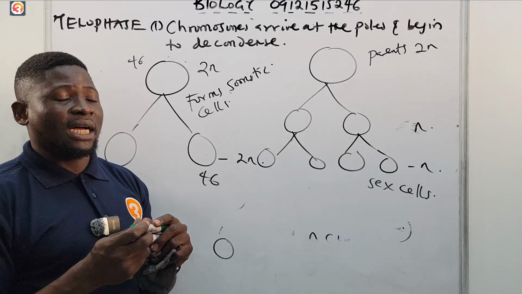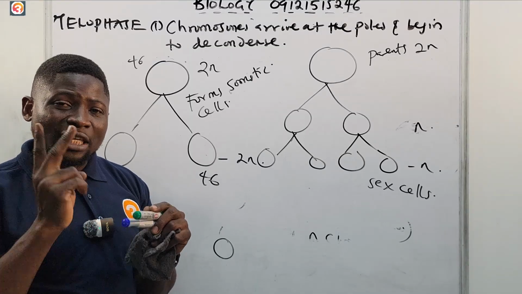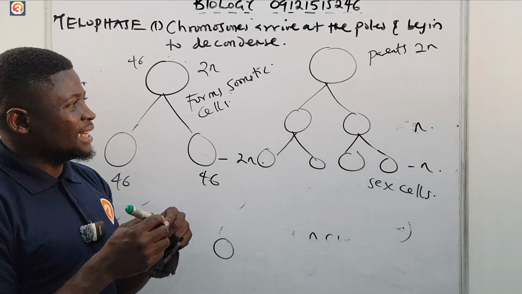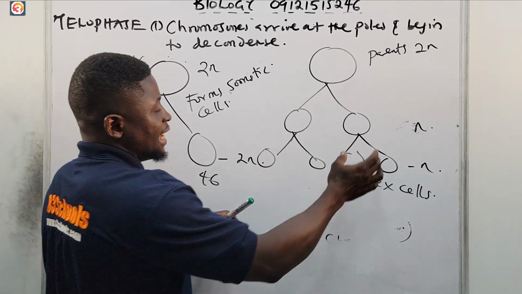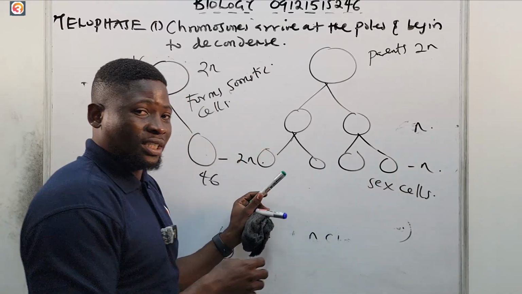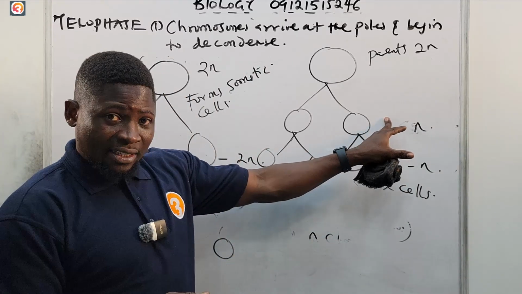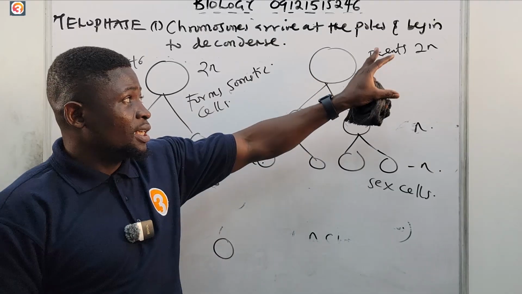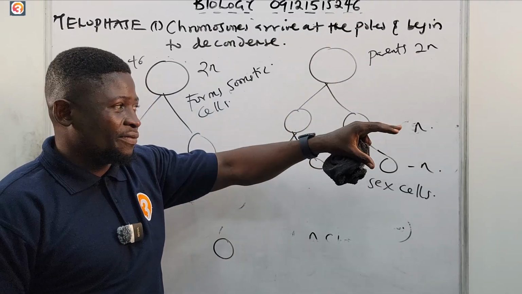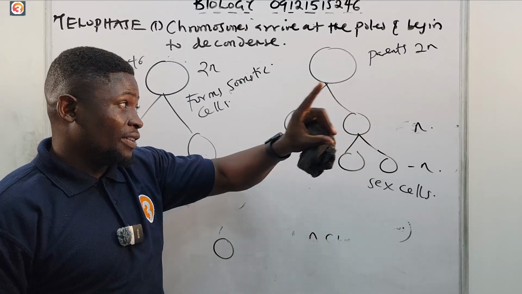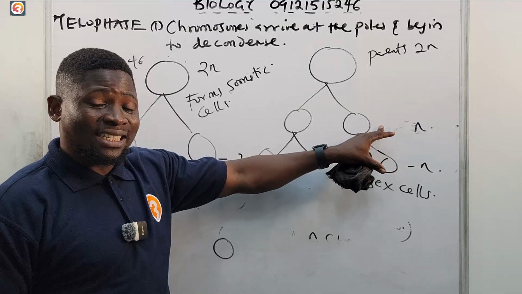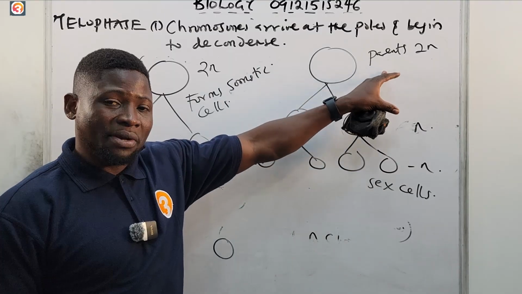So we have already said that meiosis takes place in 2 stages, or 2 phases. The first one is reductional division, while the second one is mitotic division. In the first phase, the number of chromosomes in the parent cell is divided by 2, by half, so the daughter cells have half of what the parents have.